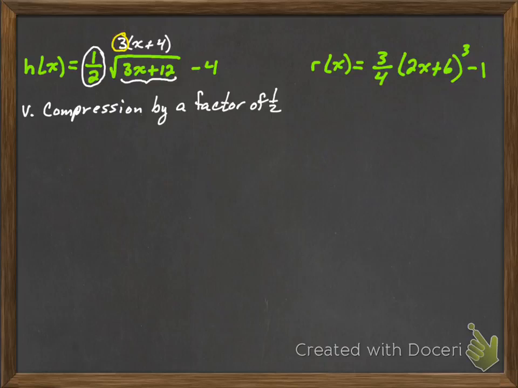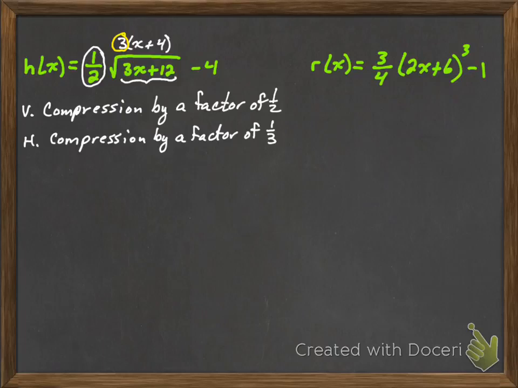So that means we will have a horizontal compression by a factor of 1/3. It's the reciprocal value on the b.